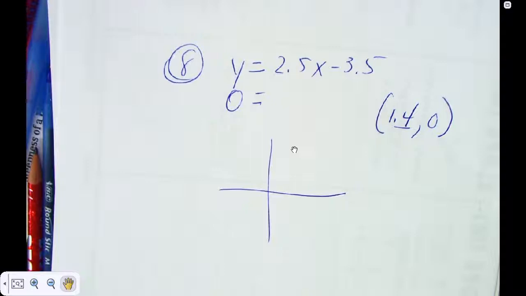What's 80 divided by 10? 8. So guess what? It's proportional. And look, we knew it from the equation, didn't we? Why did I know looking at the equation that it was proportional? It doesn't have a y-intercept. Good, Joey. It doesn't have a plus or minus there.